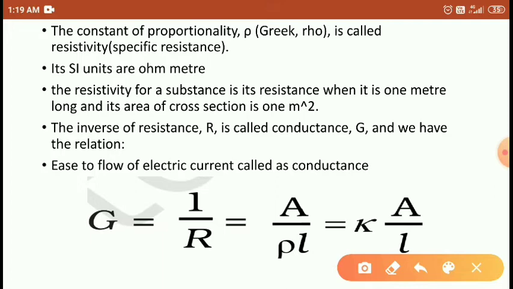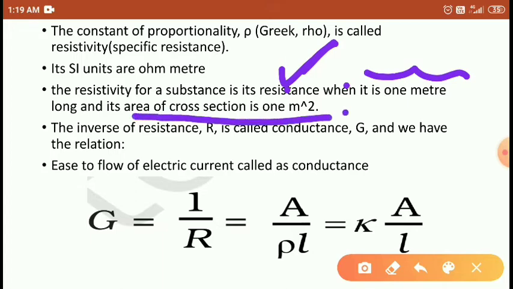The resistivity of the substance acts as the resistance when the electrode length is 1 meter and the area of cross section is 1 meter square. Then the resistance occurs, right?